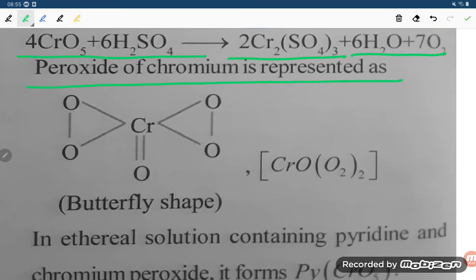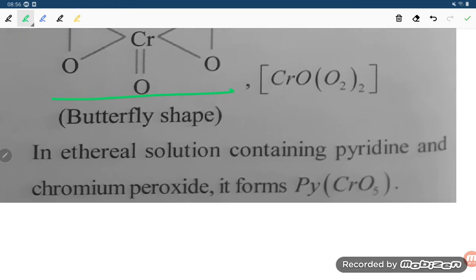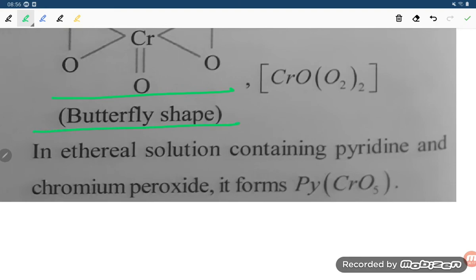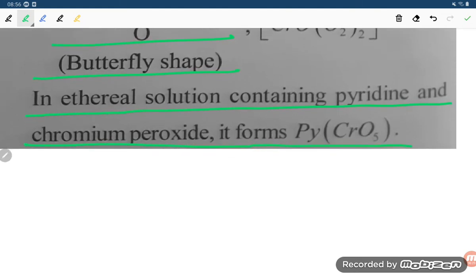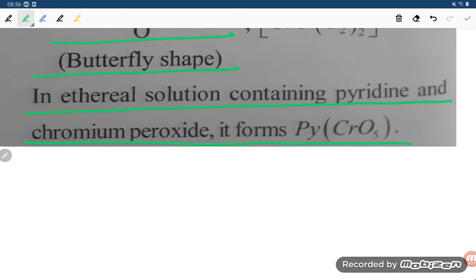The peroxide of chromium has a double peroxide structure, CrO2 twice, in a butterfly shape. In ethereal solution containing pyridine, chromium peroxide forms the pyridine adduct, PyCrO5.